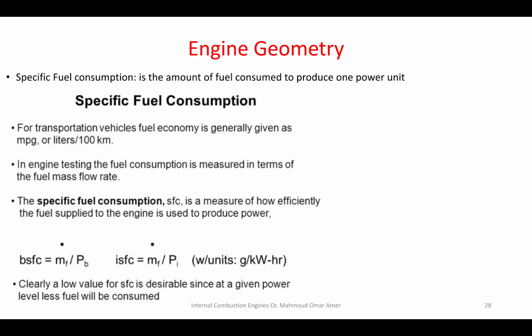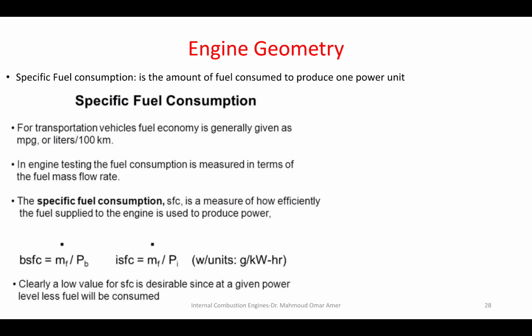So when you are calculating the fuel efficiency, power is a major player. Instead of using general fuel consumption, you need to know how many kilograms or liters of fuel are consumed per unit power.